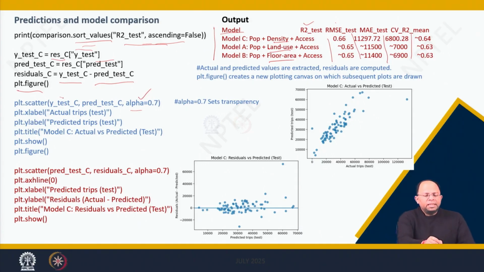So we are taking the test values and the predicted test values and doing a scatter plot of those, right? Which is given over here. Actual and predicted values are extracted and residuals are computed over here, and plot.figure creates a new plotting canvas on which subsequent plots would be drawn. So we are first creating a canvas and then putting the plots there.